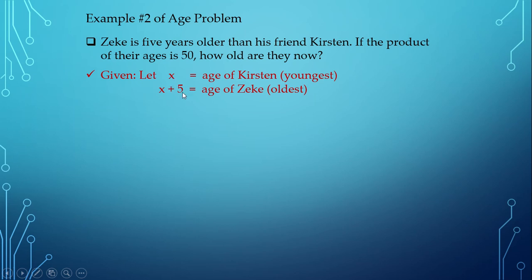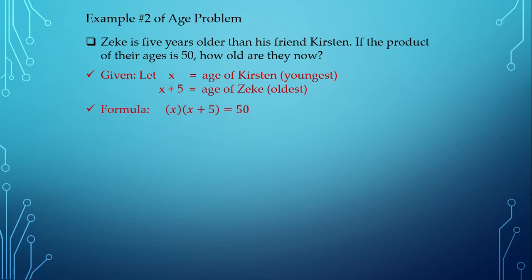Munang x plus 5. So, x ang edad ni Christine kasi youngest. Pero si Zeki, labaw ra og 5 ang edad ni Zeki nga to kang Christine, which is x.